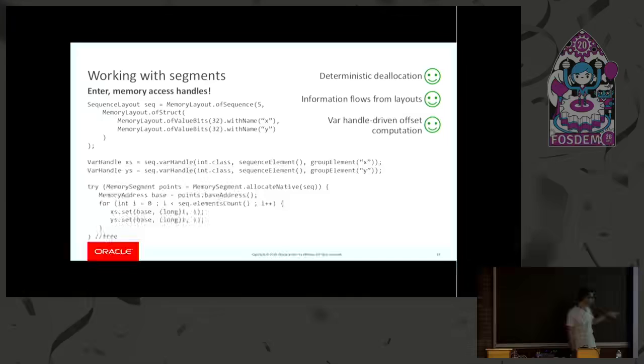Now inside the loop you can see that I'm using the x variable for setting the x elements and the y variable for accessing the y element. So now the code is more explicit, and if I change anything in the layout up there, everything will just flow. So I won't need to update this code at the bottom ever again, hopefully.